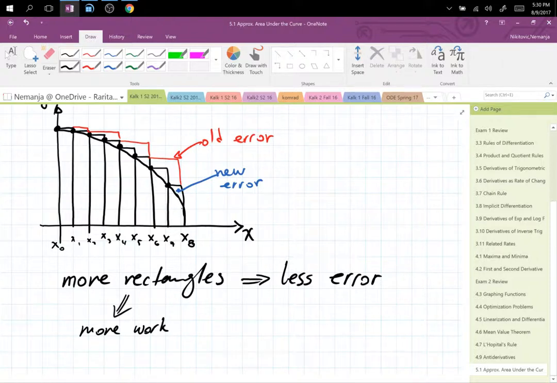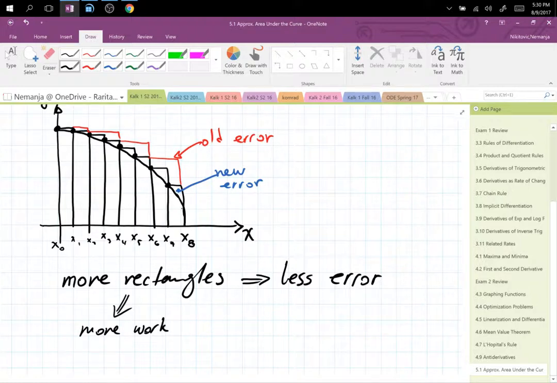But thinking about this, guys, you have less error with more calculations. And now let's extrapolate. If I double the amount of rectangles and make it into 16, it's going to be even less error. How many rectangles do I need to have exact area calculation?